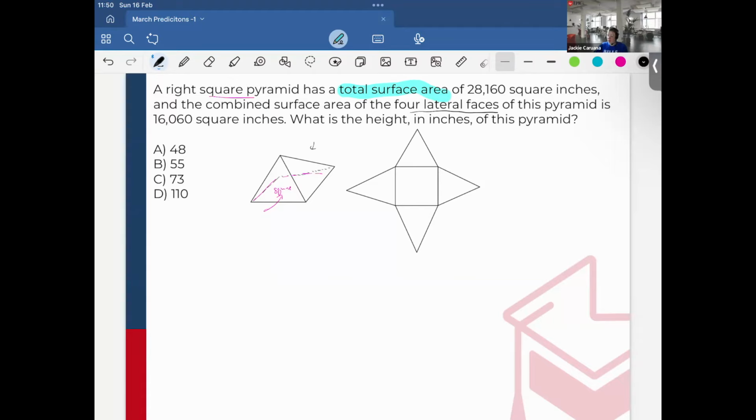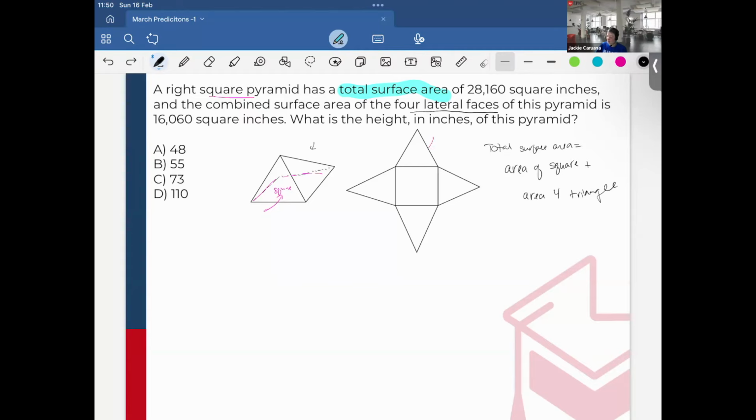I'm asked about the combined surface area, and I know the total surface area. The total surface area will be basically the area of the square plus the area of the four triangles, which are these here.